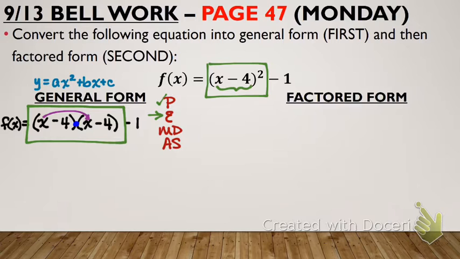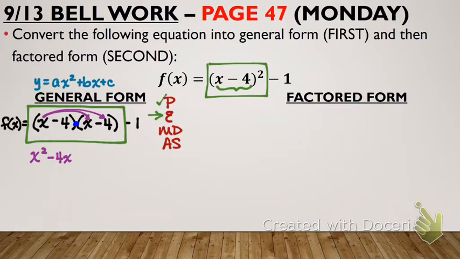I take my x and I distribute it to both pieces. And when we distribute, what operation are we using? What are we going to do with these pieces? Multiply. X times another x gives me x squared. X times negative 4 gives me minus 4x.